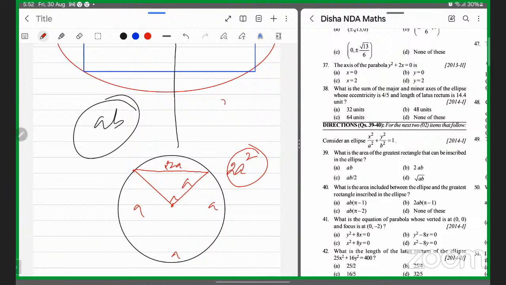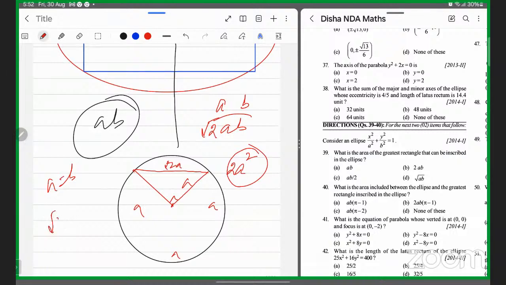Here you have a, b. You will multiply with root 2 times ab. If we put a equal to b, it will form the square.